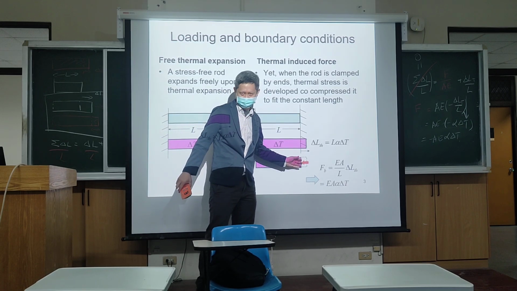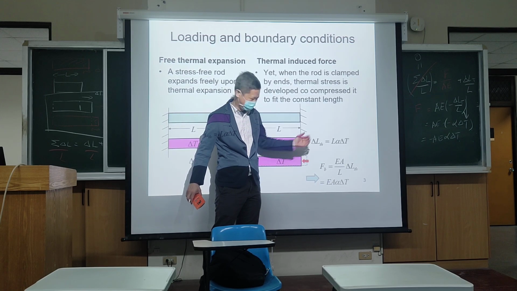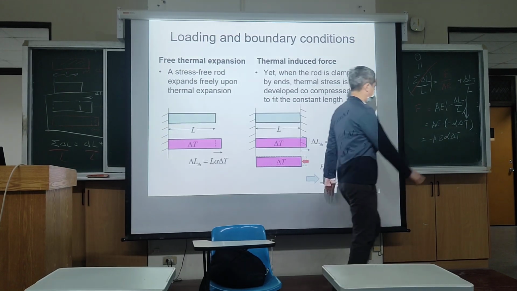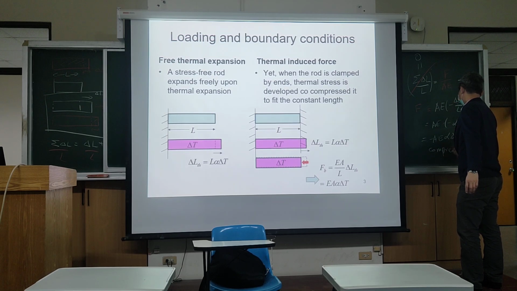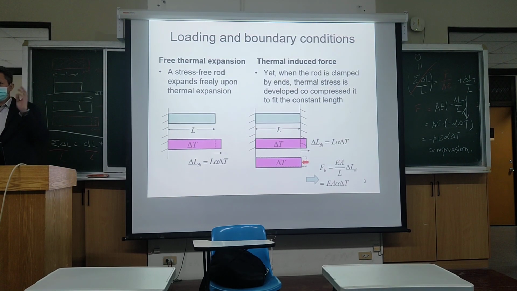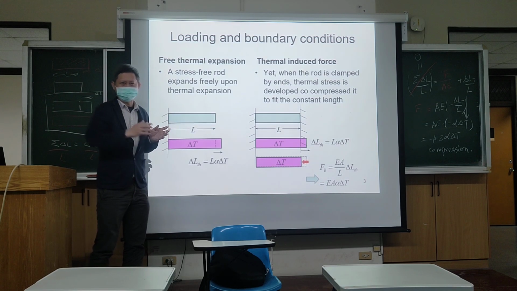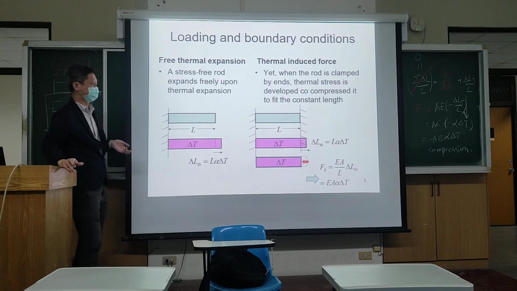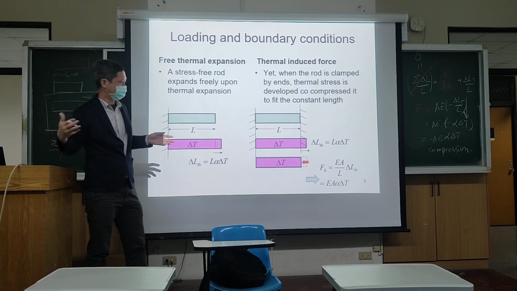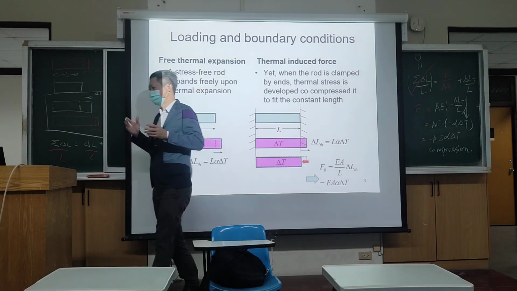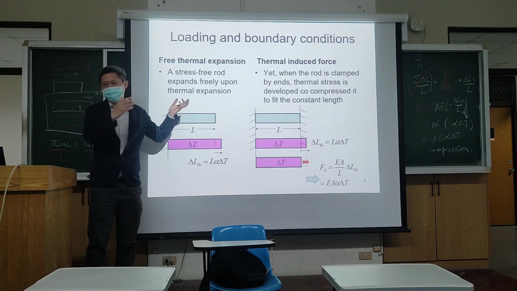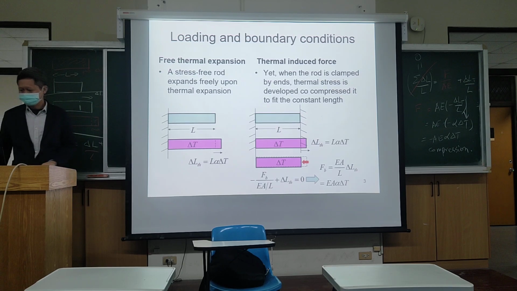Okay, it was previously a free end, but now it was blocked. It was restrained from extension. So then you have to apply the block force, and the load is negative for compression. Okay. So when both ends are fixed and you heat the rod, originally the rod could expand freely without any stress. But now both ends are constrained, so the free expansion is restrained, which means your boundary has to apply a compressive force, so that the rod which would originally expand from heating now has no elongation.